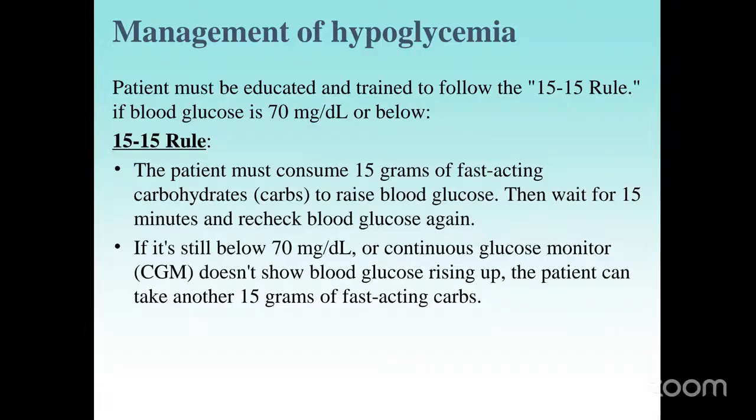Then he should wait for 15 minutes and recheck blood glucose again. So it works as a loop or circuit. If blood glucose is still less than 70 milligram per deciliter, he is going to take another 15 grams of fast-acting carbohydrate until blood glucose rises above 70 milligram per deciliter, or until an ambulance or medical assistance arrives.